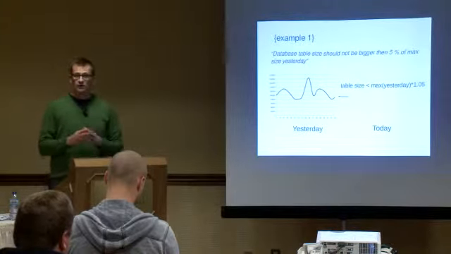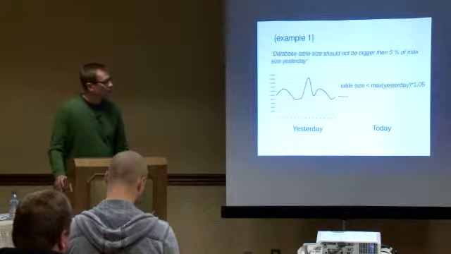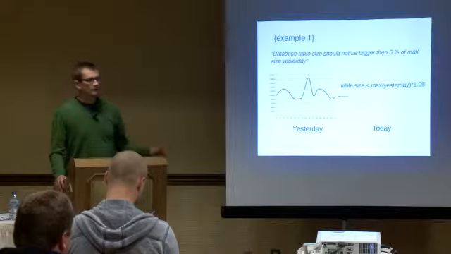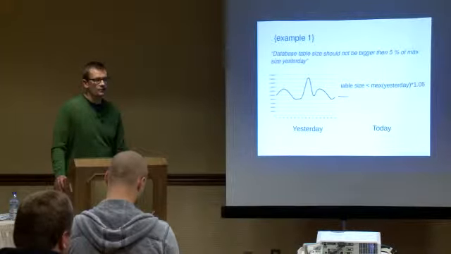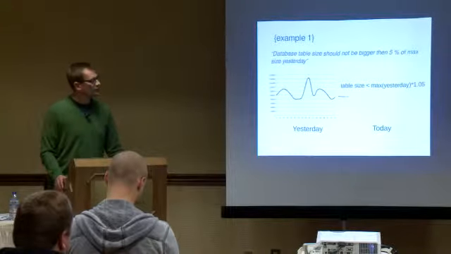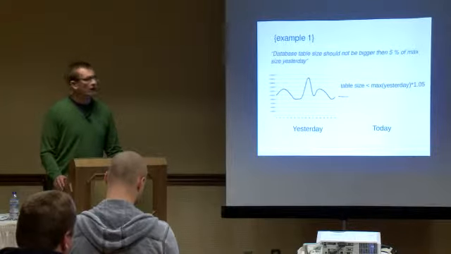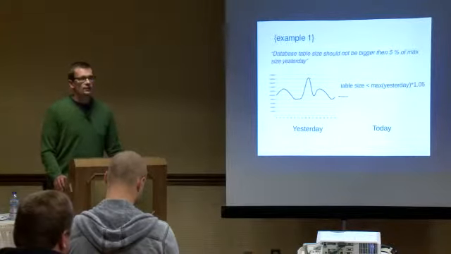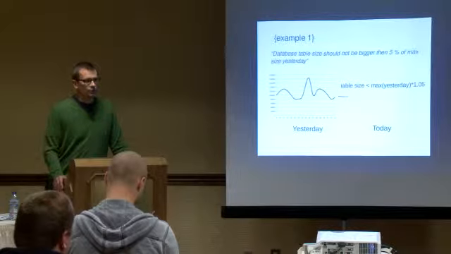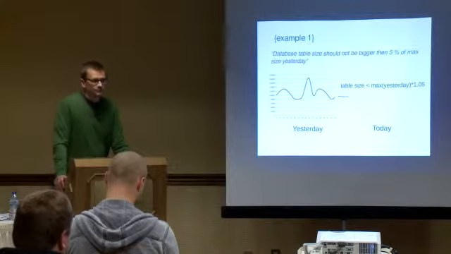And today, when we are doing the monitoring and checking, we need to retrieve that maximum value we had yesterday, in some sort of mathematical evaluation, a max function, and multiply it with 1.05 to get the threshold that this table size should be below. So that would be my threshold calculation.